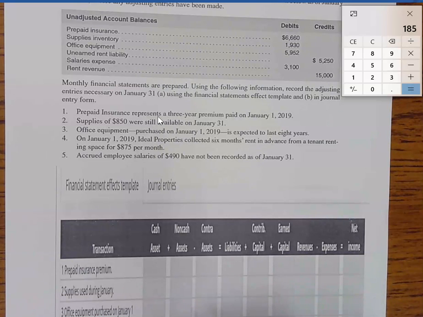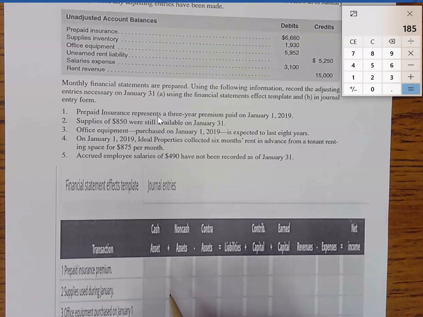I'll go a little bit slower in the beginning, and then I'll speed up a little bit perhaps as we go. So what happened to the cash asset? Well, with regard to this adjusting entry, nothing happened. Non-cash assets. Well, prepaid insurance is an asset and it isn't cash. So what happened?